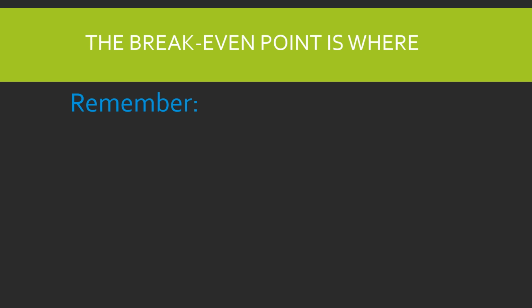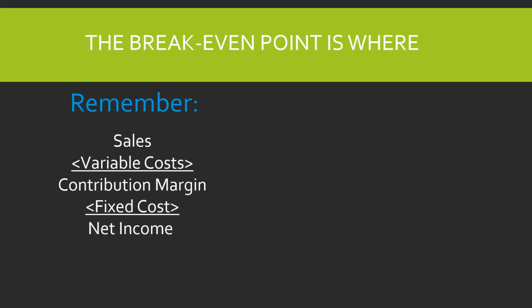So let's remember our formula. We know that sales minus variable cost equals contribution margin. Contribution margin minus fixed cost equals net income. And for us, we know that break even is when net income equals 0.